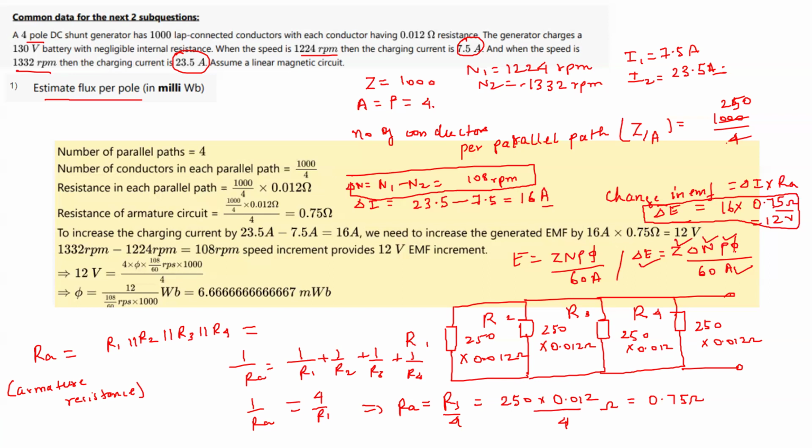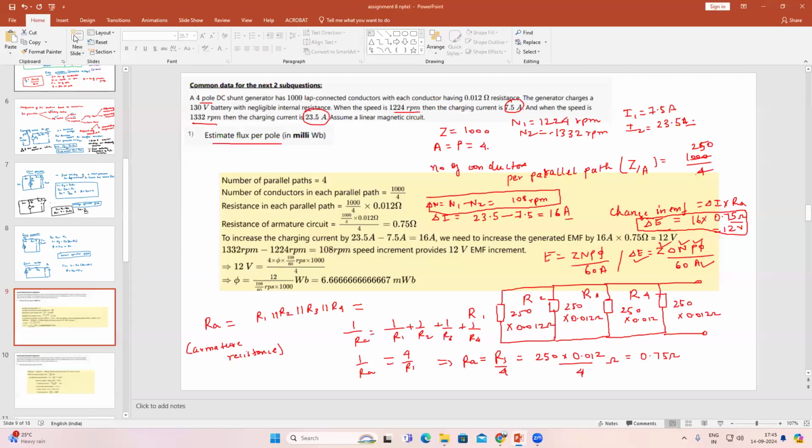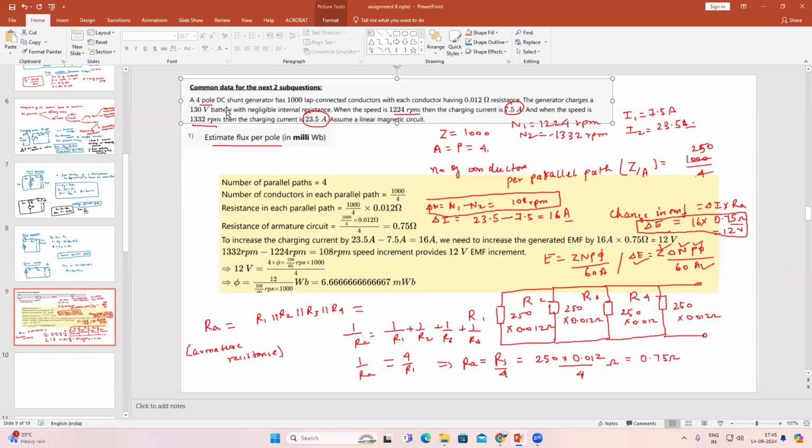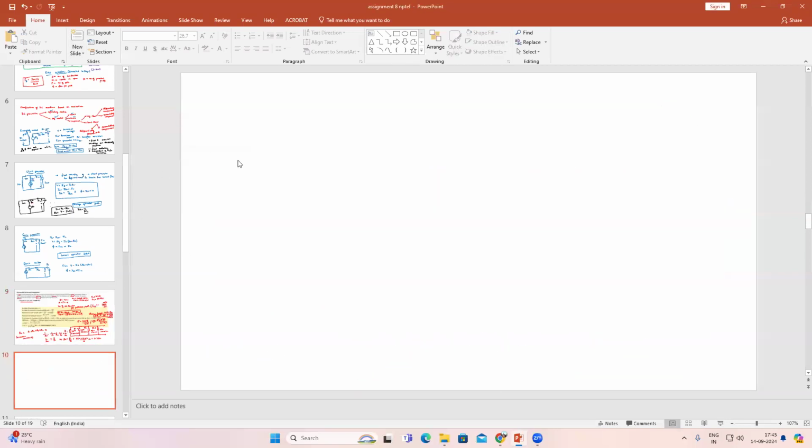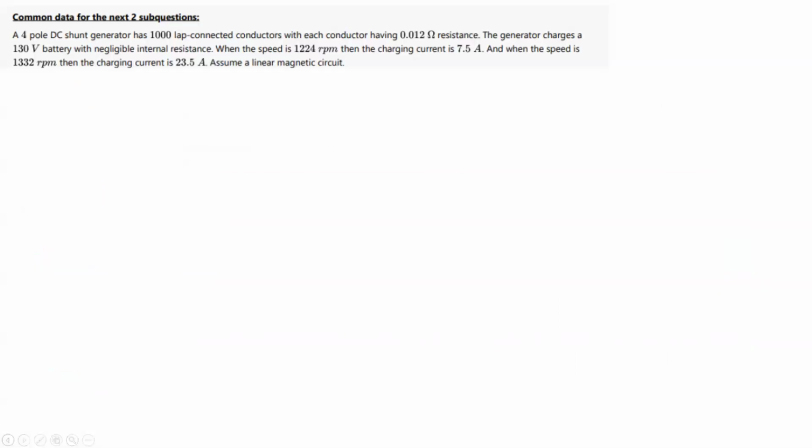Let me write it on a clear page, because here everything is messy. One minute, let me write it here. We have 4 parallel paths, R1, R2, R3, R4.